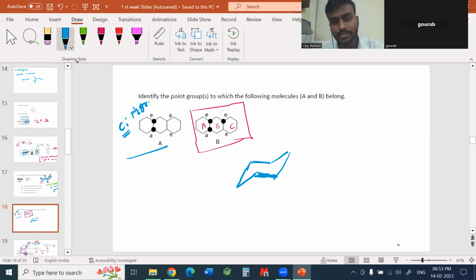These are in the plane. Now here, what they have given is the bold dot atom, which is hydrogen.